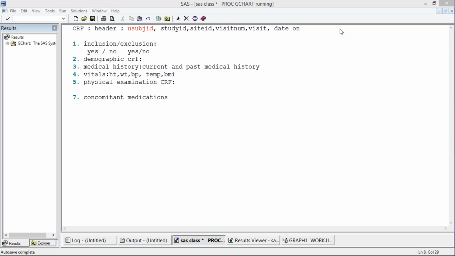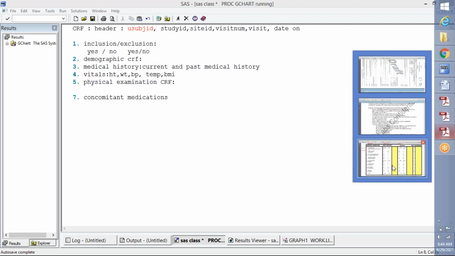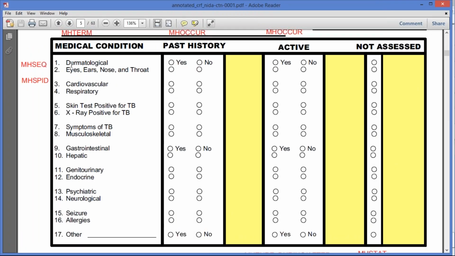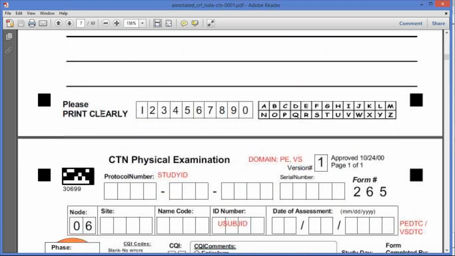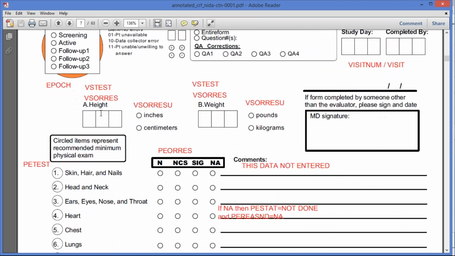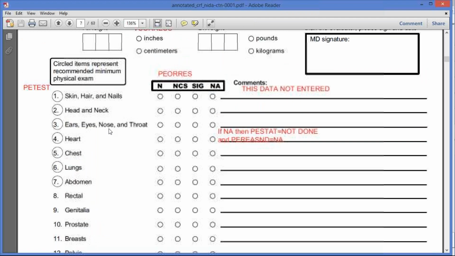Okay, you can see here. We need to know whether it is significant or insignificant. Dermatological, this is medical. Physical examination, you can see here: skin, hair, nails, head, neck, ear, nose, throat, heart, chest, lungs, abdominal. They have circled here; the circled items represent the minimum physical examination.